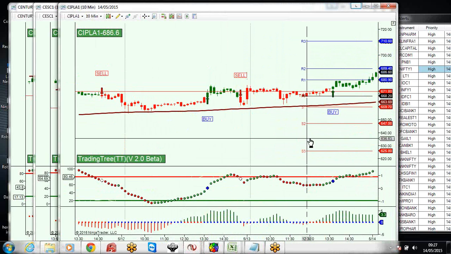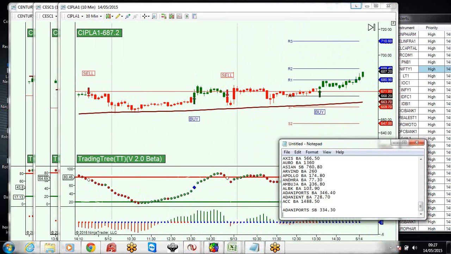So Cipla, we had a buy here. I'll just show you. 683.20. Now it is at 687.25.